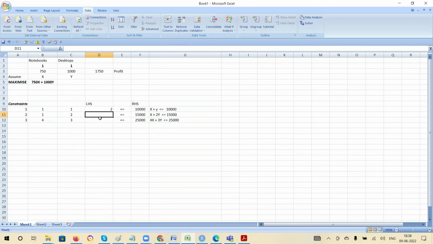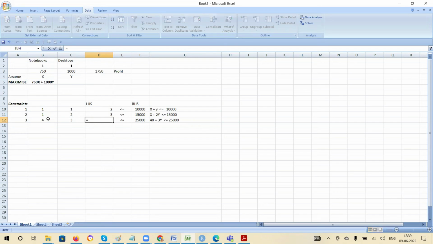Perfect. Now here I am saying x plus 2y, right? So 1 into 1 plus 2 into 1, so 3 is less than 15,000, which is good. And now finally it says 4x plus 3y, right?